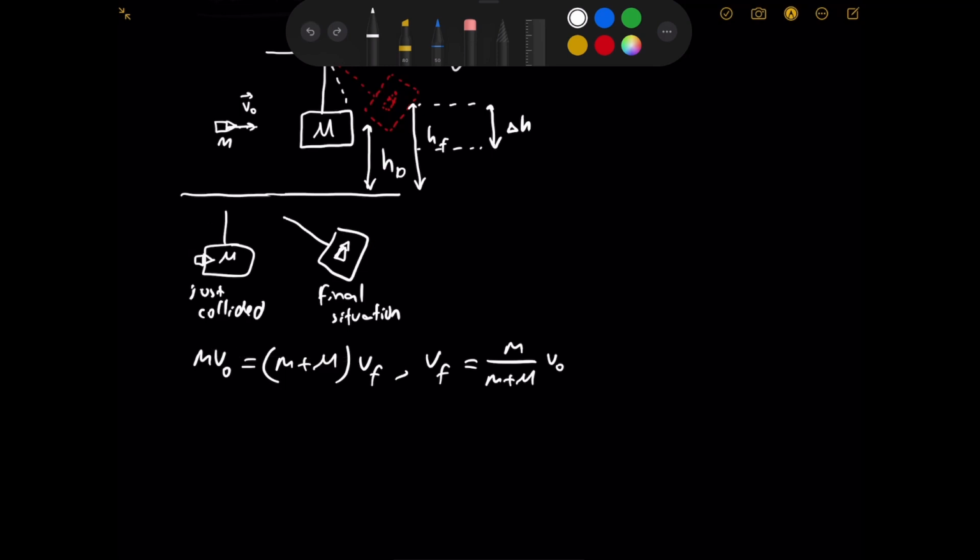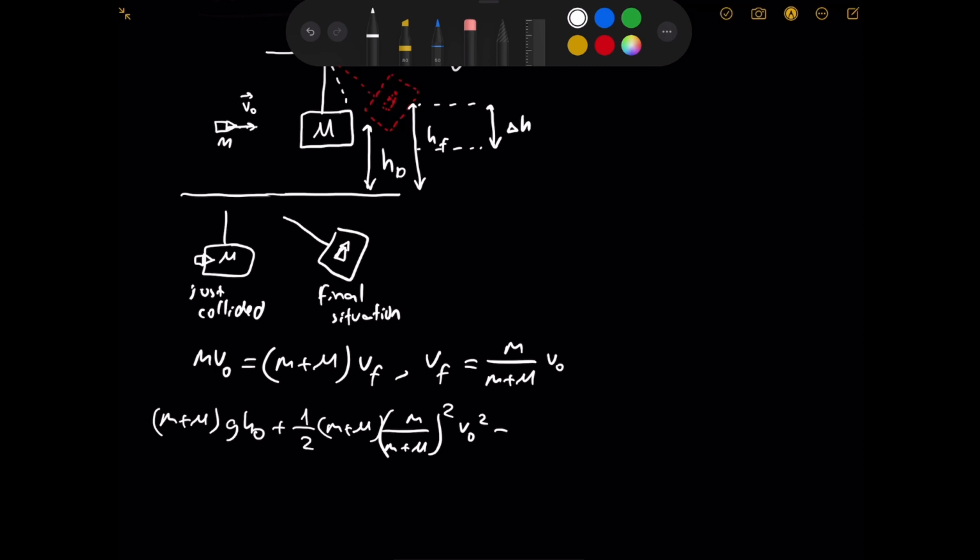We're going to have (m plus M) g h naught as our potential energy, plus 1 over 2 (m plus M), this is the total mass of the system, and then v final squared, right? So we're going to square this quantity. Let's square those. V naught squared.